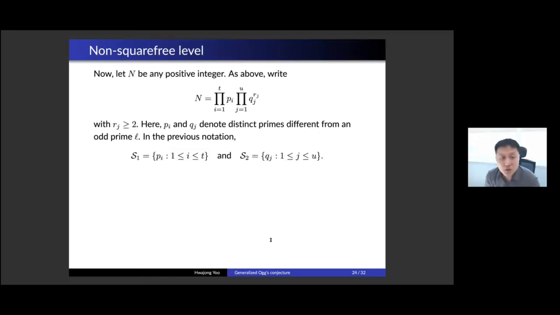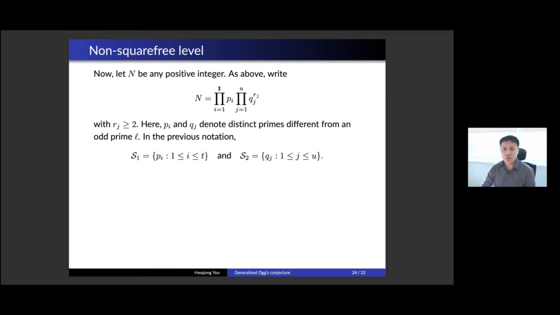So now we move to the non-square-free level, which is the main contribution from me. Let's write down the prime decomposition of n as the product of p_i and the product of q_j^{r_j}.